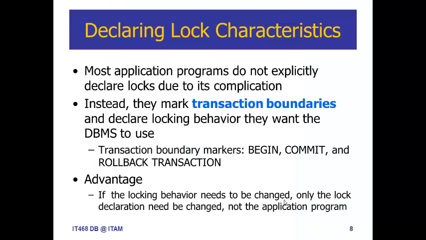In reality, all you need to do as a developer is to declare the lock characteristics to mark the transaction boundaries. Such transaction boundaries are essential information the DBMS needs to know in order to issue, replace, or even change the level or types of locks automatically. In other words, implicit locks are much more commonly used in reality.